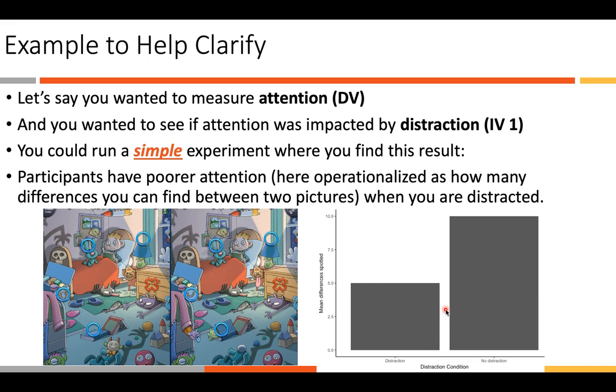Okay, so let's think about another example. Let's stop talking about ice cream and hamburgers. Let's say that you want to measure attention. And we think that attention is impacted by distraction. So we could run a very simple experiment where we ask people to engage in this task here.